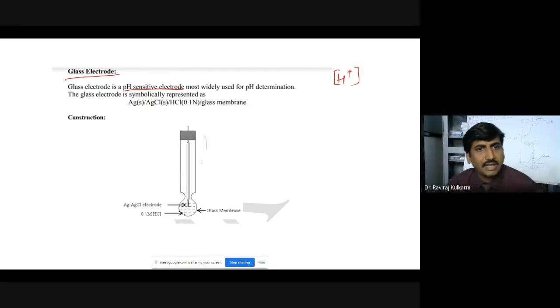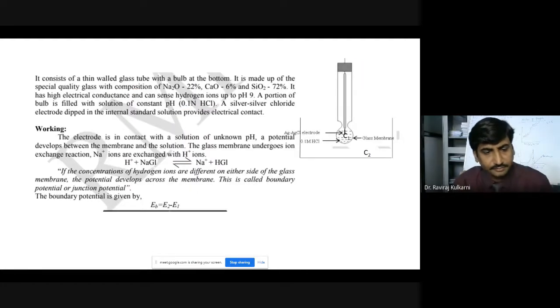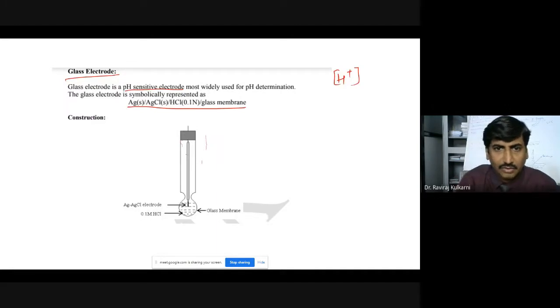Okay, the glass electrode is symbolically represented as this. This is the glass electrode representation. But you don't have to remember this. Just see, it contains what?